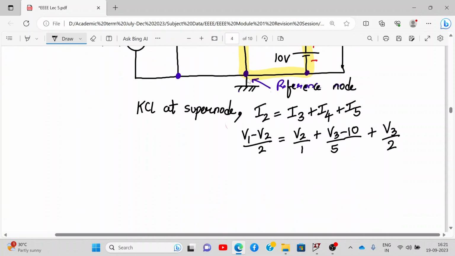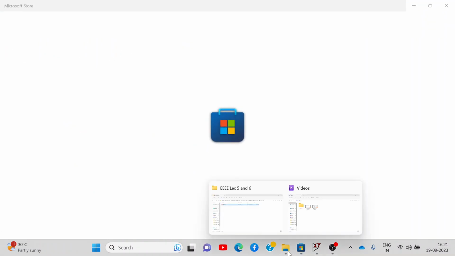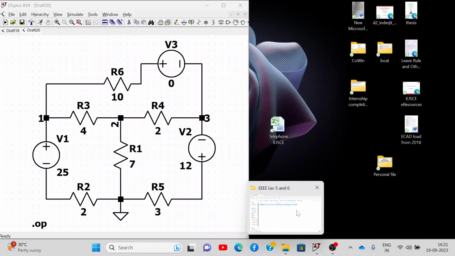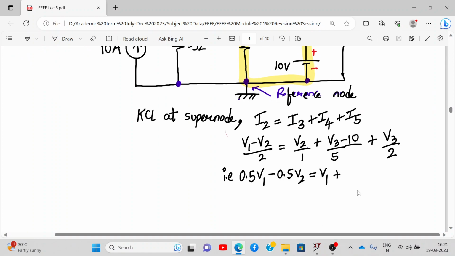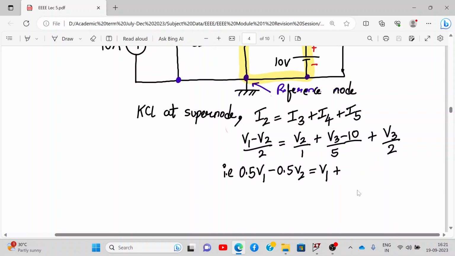All right. So now let's do it forward. That is, 0.5 V1 minus 0.5 V2 is equal to V1 plus 1 upon 5, that will be 0.2 again.